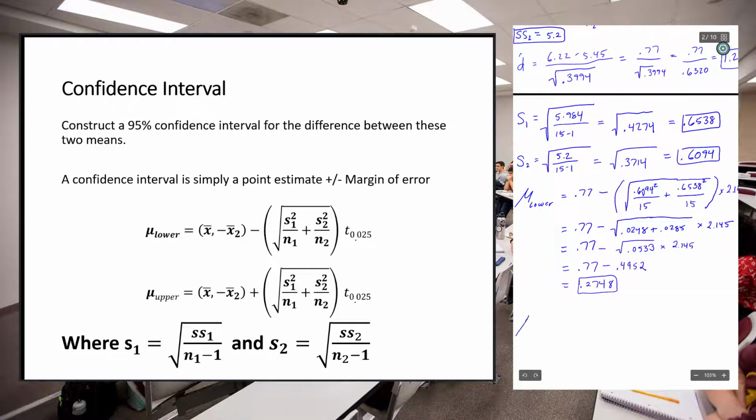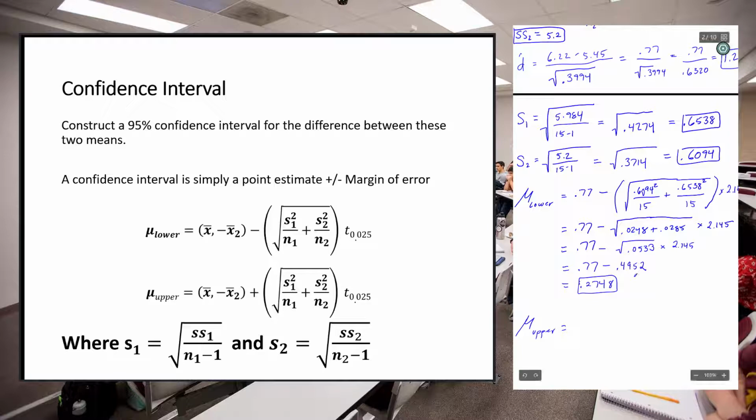Now for mu upper, the only difference between these two equations is that for the lower bound, we're subtracting from our difference between means, and for the upper bound we're adding. But you can see that the formula beyond the first plus or minus sign is identical. So we've already done this math, right?